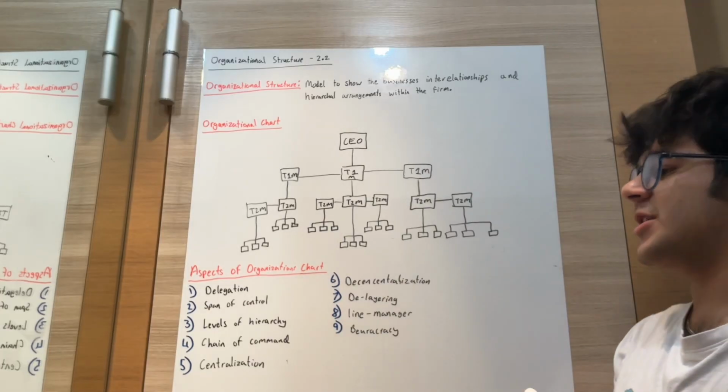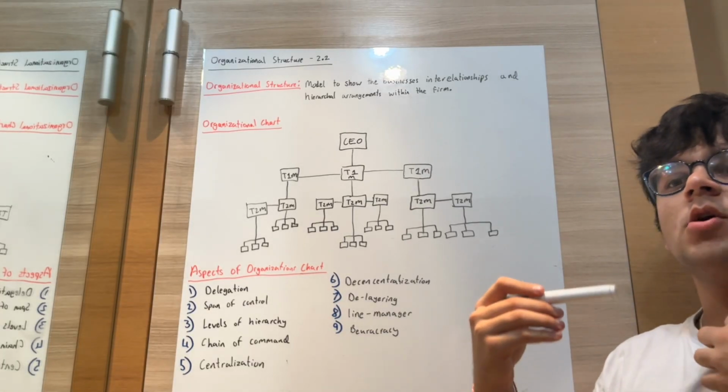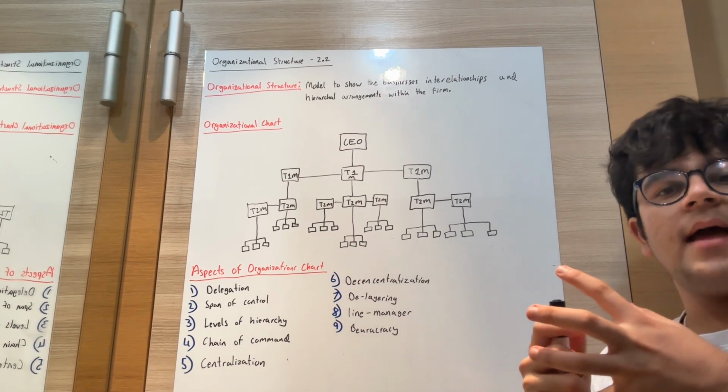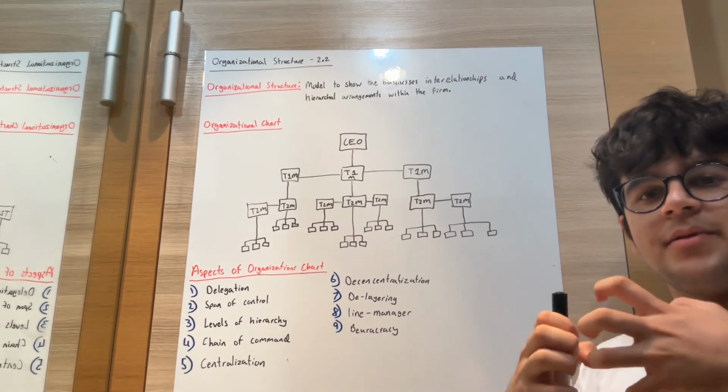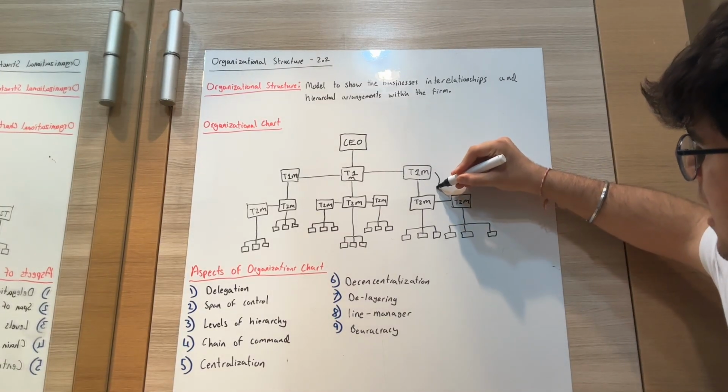Let's talk about delegation. Delegation is, in literal terms, passing on the authority to someone, giving them the authority and the responsibility to complete a task, okay? So this happens from managers down below.